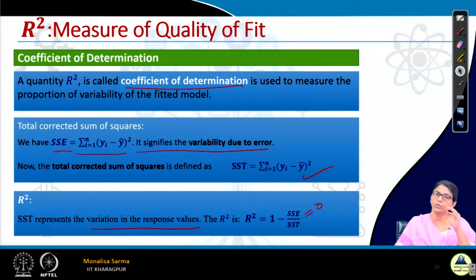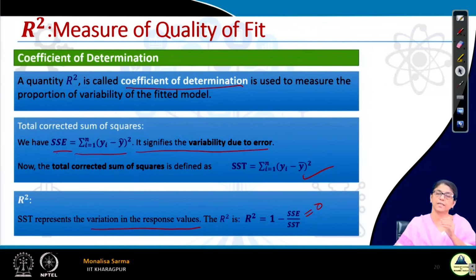When the sum of squares due to error is bigger than SST, you can imagine, that means the line I have got is not at all the line that fits these two variables, the independent variable and the dependent variable. The regression line I have got is totally in the opposite trend. It is not showing the proper trend. That's why I am getting such a high error that it is bigger than SST. So theoretically, negative R square is also possible.